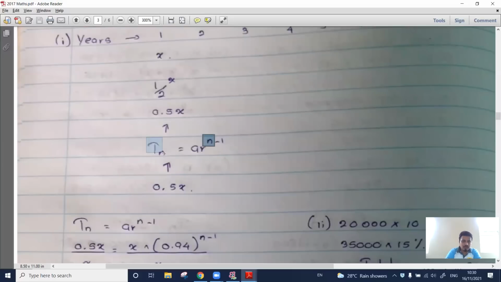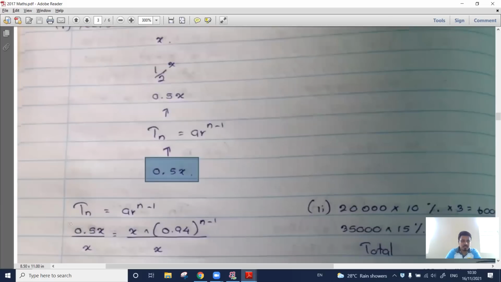Right? So here we know the Tn. So the nth term value should be what? 0.5x. So we know the Tn value, that should be 0.5x.